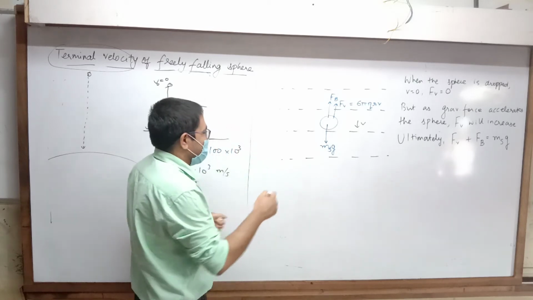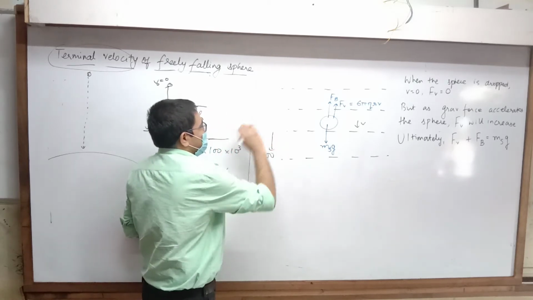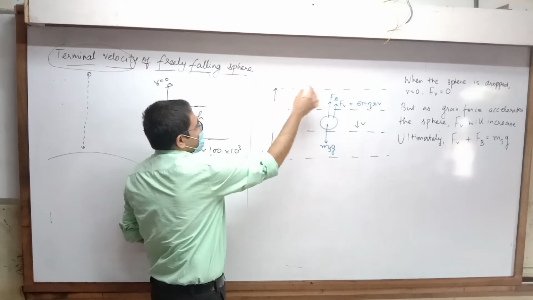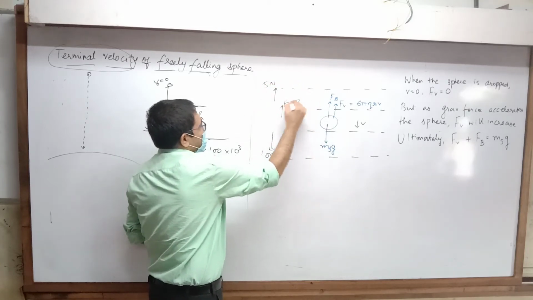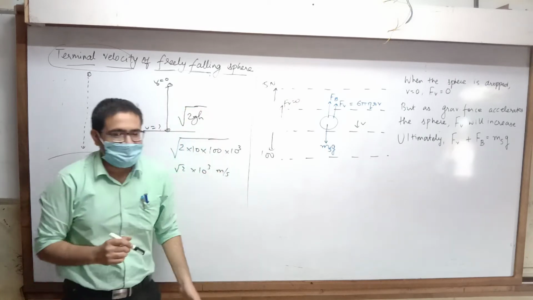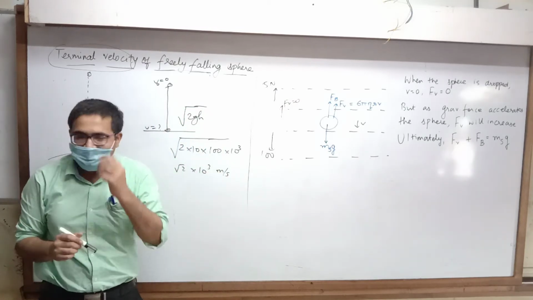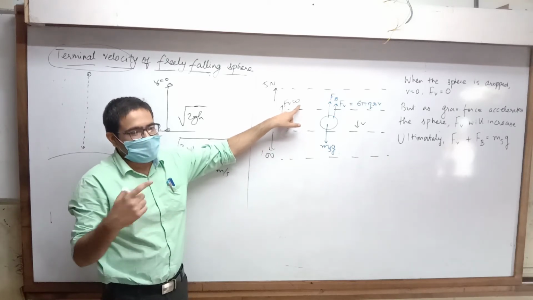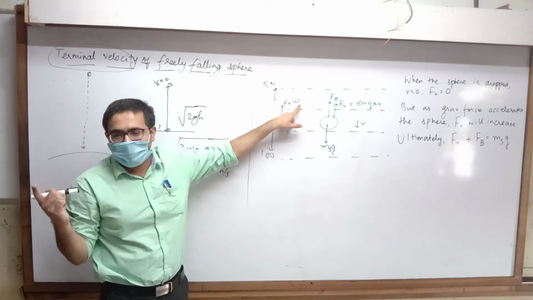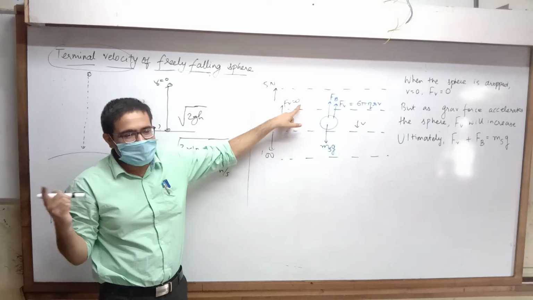Again, downward suppose 100, upward Fb's value is fixed, let's say 5. Starting with Fv's value 0, so it will start falling down. It will accelerate, so speed will increase. As speed increases, 1, 2, 3, 4, 5, 6 ... 95. So that is 95, not 100.